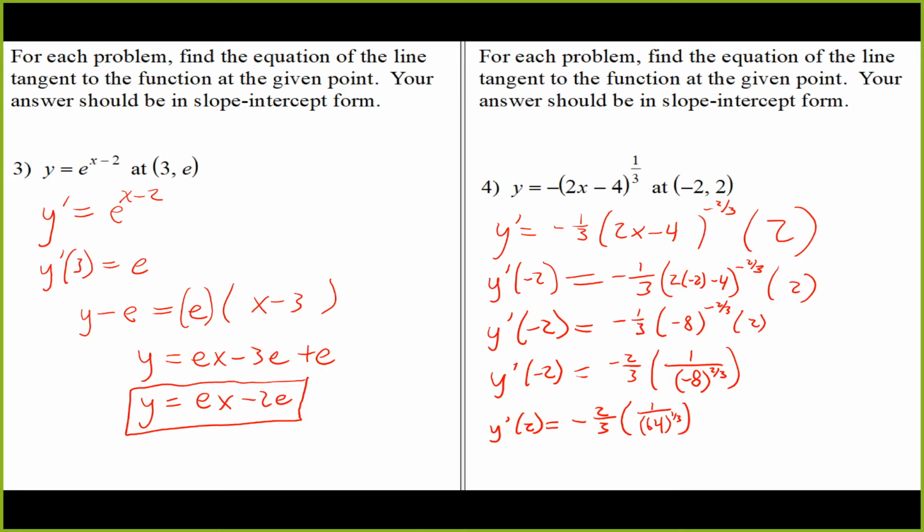Can you say it again? Yep. 64 to the 1/3 power is the same thing as the cubed root of 64. So you're looking for one number that you can multiply by itself 3 times to get 64.